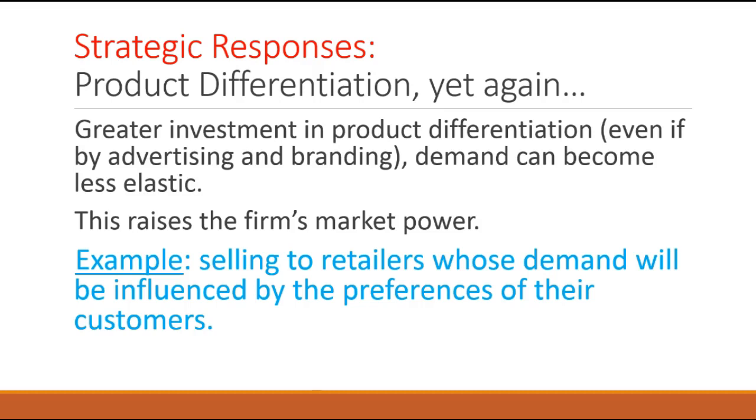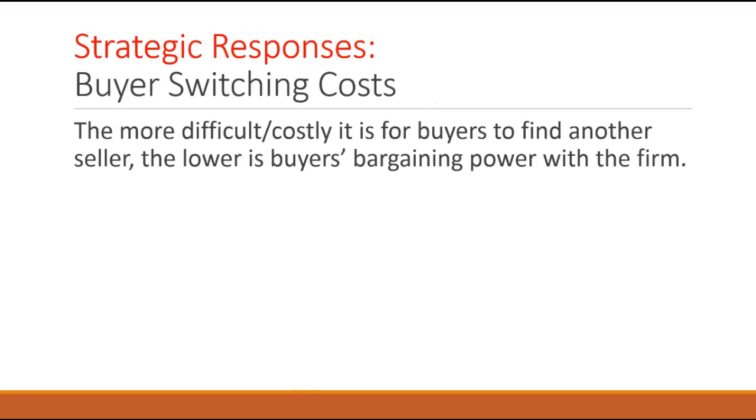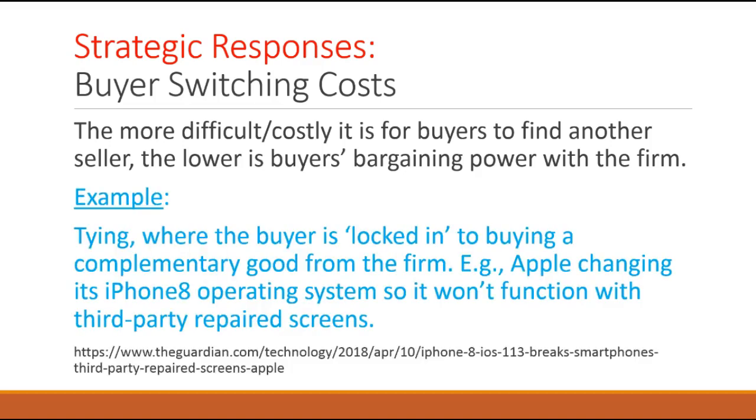What else? Well, again, there's the usual idea of switching costs. If it's difficult for buyers to find another seller, then our bargaining power is going to be higher. Just to think of an example, we could go back to the notion of tying.